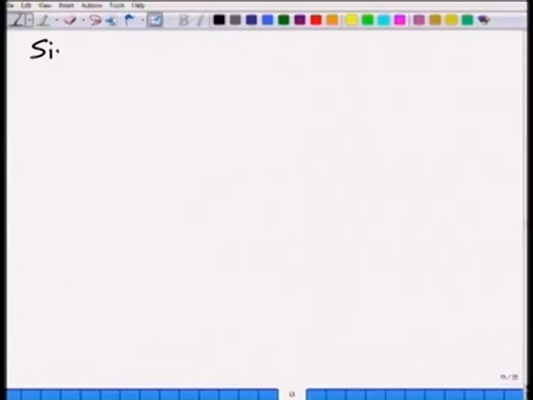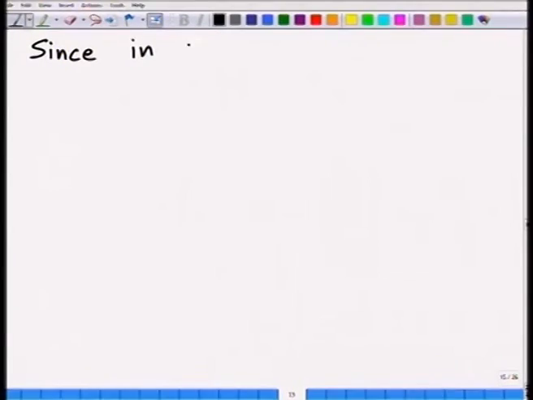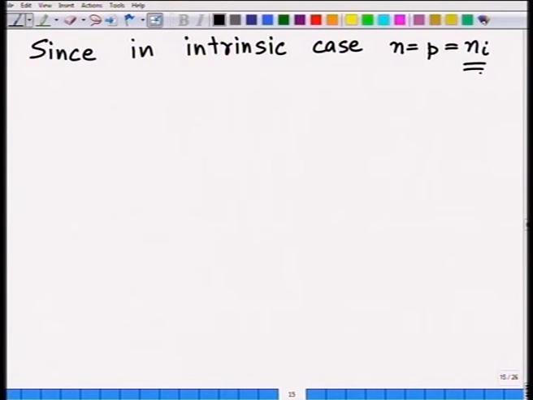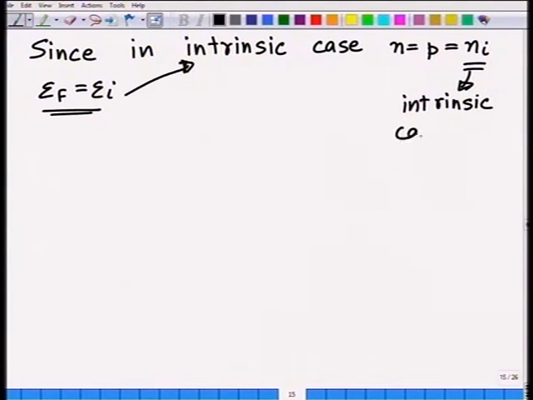Since in intrinsic case n is equal to p is equal to ni, we are giving it a name now. Just like for Ef we had called it Ei, similarly, we are calling these intrinsic carrier concentrations.